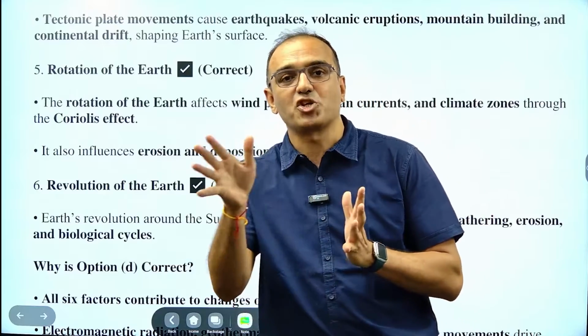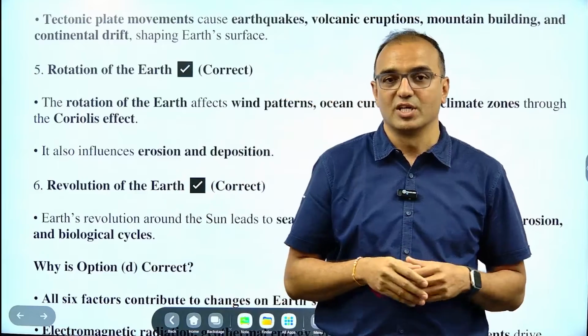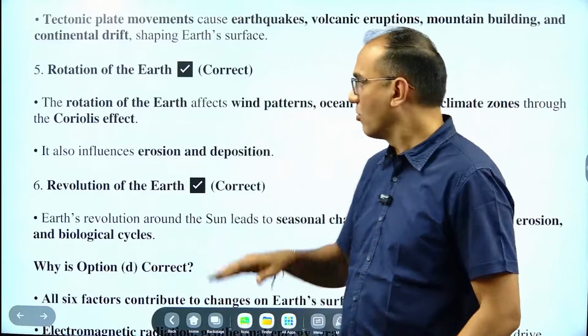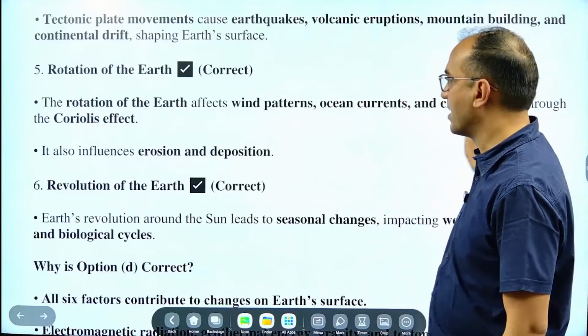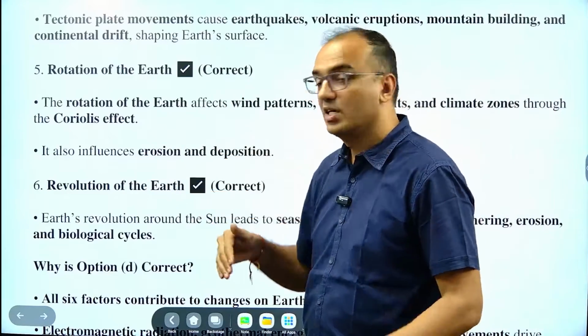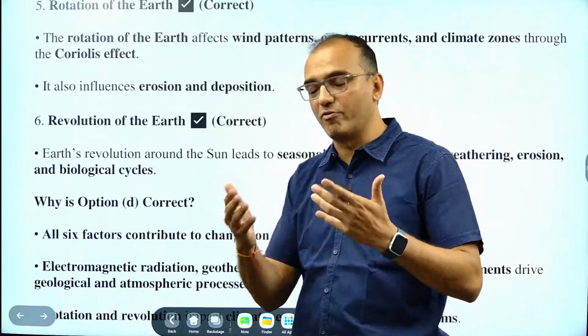So there is deflection of wind in the northern hemisphere towards the right and in the southern hemisphere towards the left. So this deflection, Coriolis, also has an impact on wind patterns, ocean currents, and climate zones. This influences erosion and deposition of landforms, right? In the shaping of landforms.